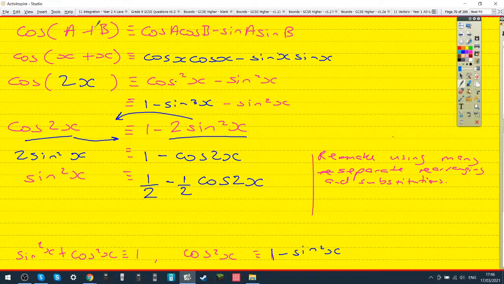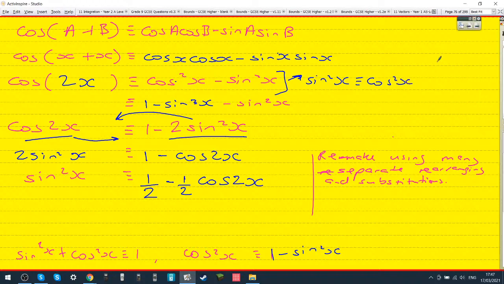Because cos a plus b, cos 2x is the same as cos x plus x. Sub them in, rearrange, and you get, hang on. I think rearrange at that point. Yeah, sine squared x is identical to a half minus a half cos 2x. Maybe that'd be easier. Okay.